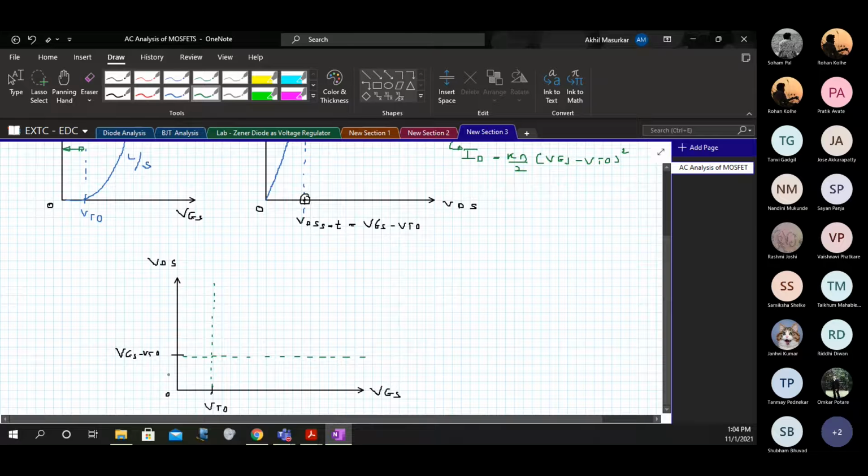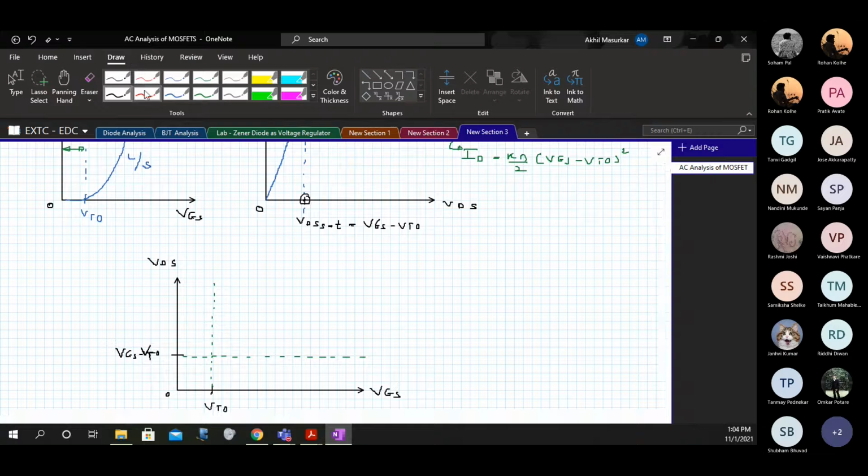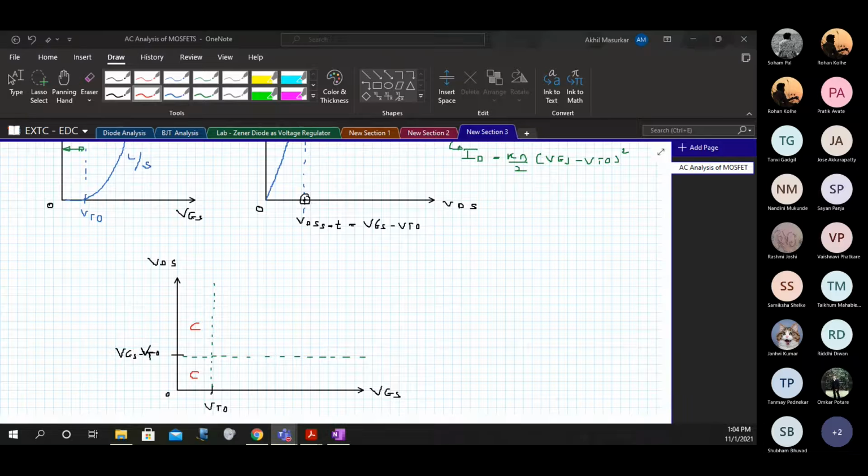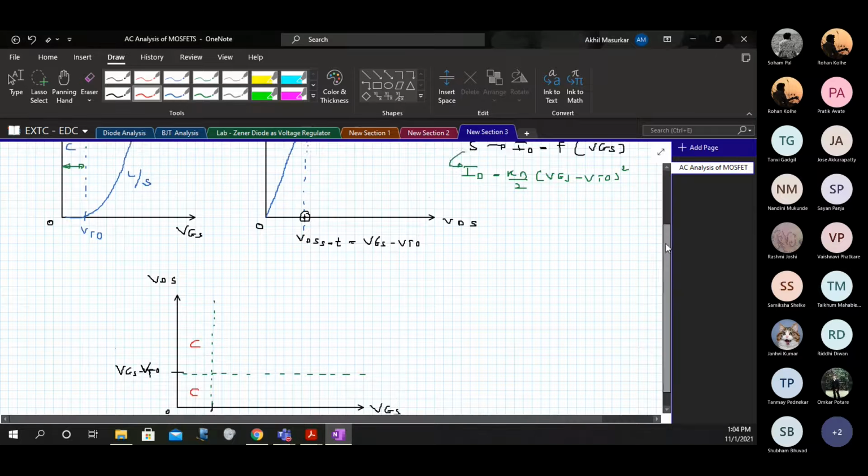Whether VDS is greater than this or less than this does not matter. This is VTO. So when VGS is less than VTO, whatever may be the value of VDS, the MOSFET will be in cutoff. Now, when VGS is greater than VTO, we have 2 cases, that is case 2 and case 3, according to our discussion.